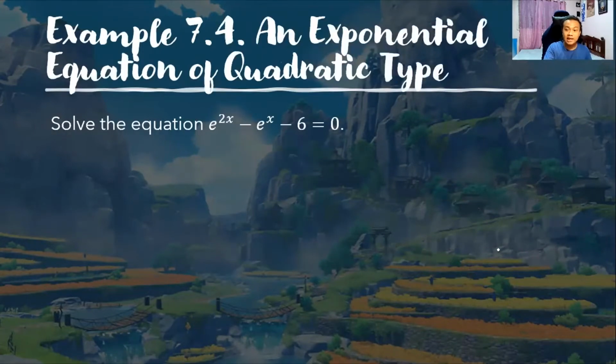Okay, next, kung daw be og quadratic type, sir. Daw be quadratic type, so it's just simple, no? This is like how you solve a quadratic equation, no? So let's do it. I-transform na to siya.